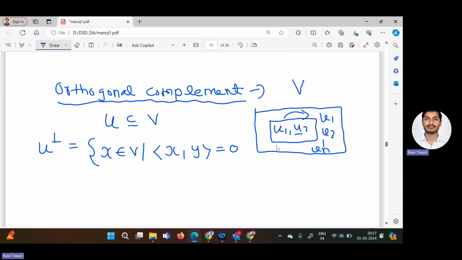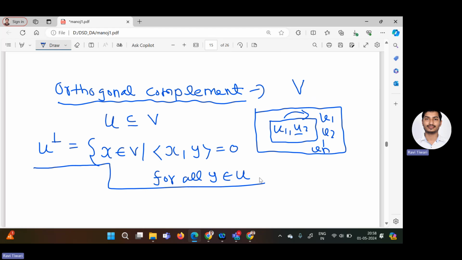We are choosing random vectors from the subspace U, so we write for all y belonging to U. Why do we write for all? Because y is not fixed, we can choose any. Suppose in U you have y1, y2, y3. Then we can write that the inner product of x and y1 is also 0, x and y2 is also 0. Because of that, for all y belonging to U, this is called the orthogonal complement.